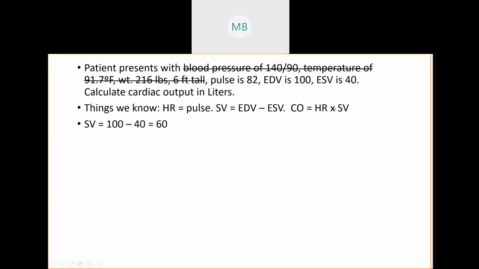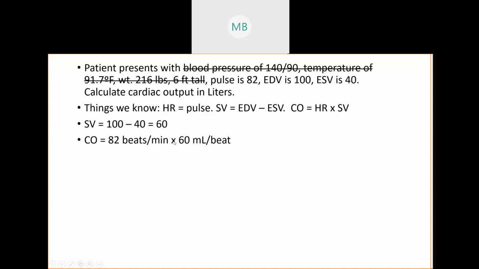Awesome. Now we just need to plug into our lovely cardiac output formula, right? So we know cardiac output is heart rate times stroke volume. Our heart rate was 82 because that's our pulse, and pulse is beats per minute. So our heart rate was 82 beats per minute.